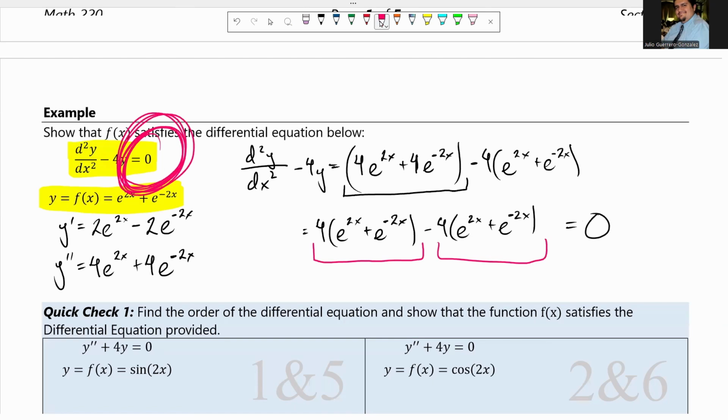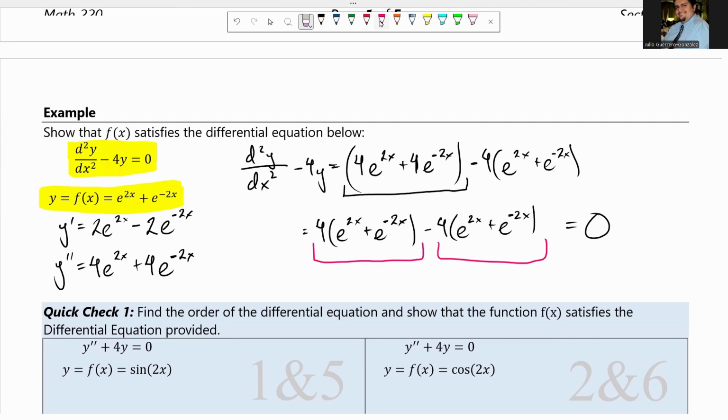Now, this is the cool thing that I wanted to show you. In the previous example, I said they were two different functions that satisfy the same differential equation.